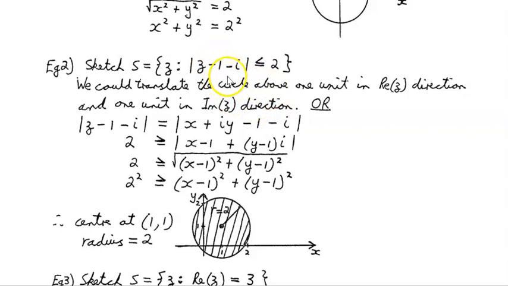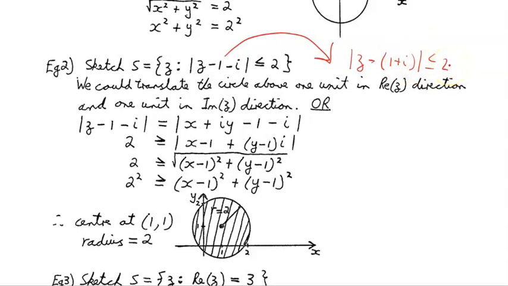See how it's minus 1 minus i. You could think of that as z minus, in parentheses, 1 plus i, mod of that equal to or less than 2.